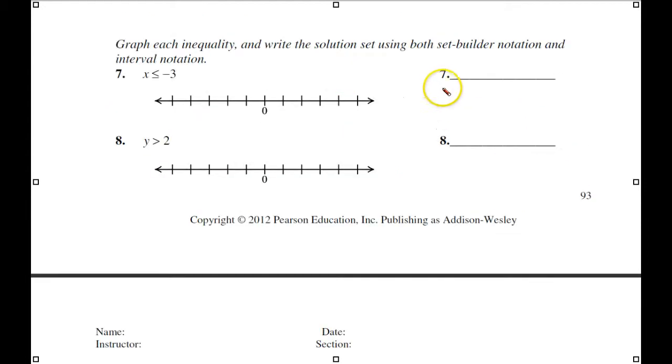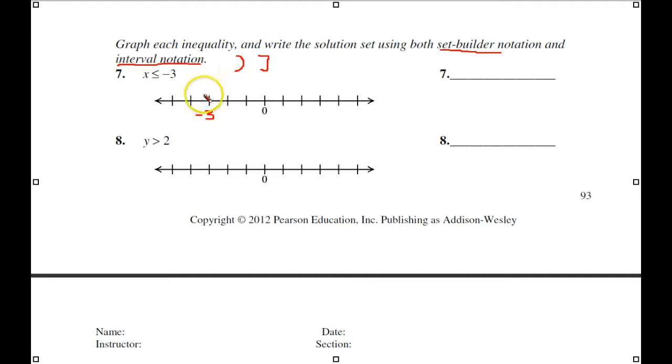Now, we've done some like this before. Graph each inequality and write the solution set using set builder and interval notation. So we're going to do all three. First, we're going to graph. Well, where is -3? That's the number we're interested in. 1, 2, 3, right here. -3. And what's this sign? X is less than or equal. Now, do we choose a parenthesis or a bracket?